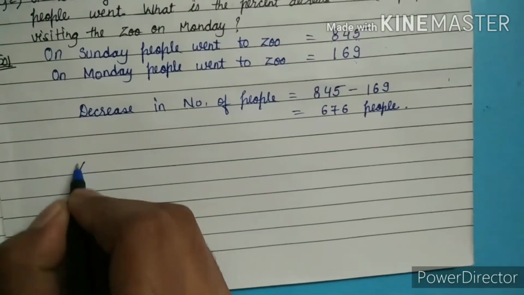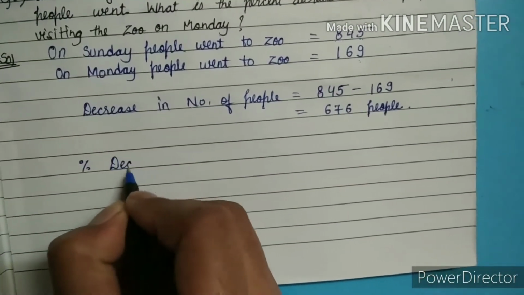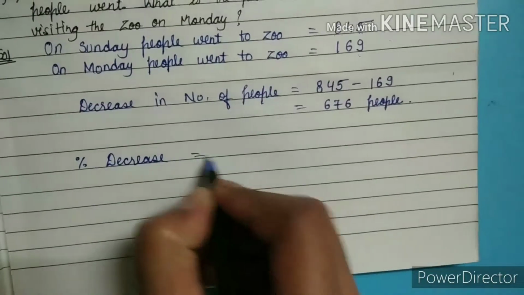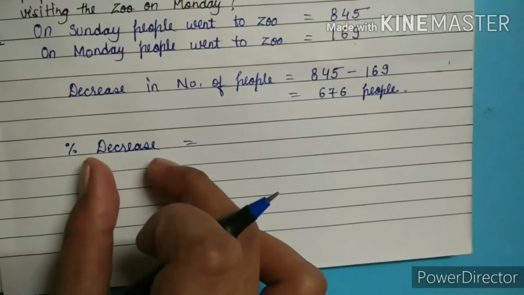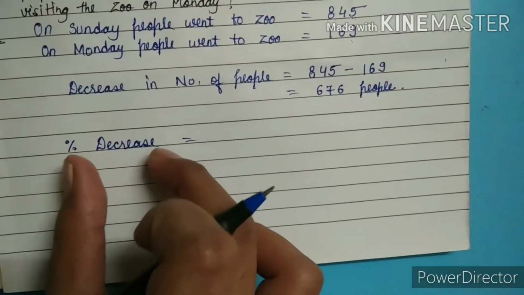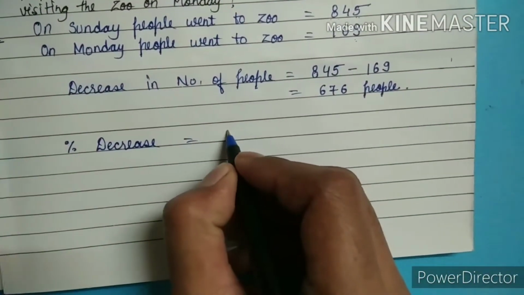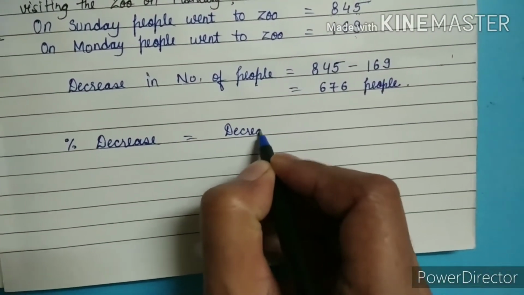And we know the percentage of decrease is the same as the percentage of profit or loss. We are comparing the decrease. So how much decrease?